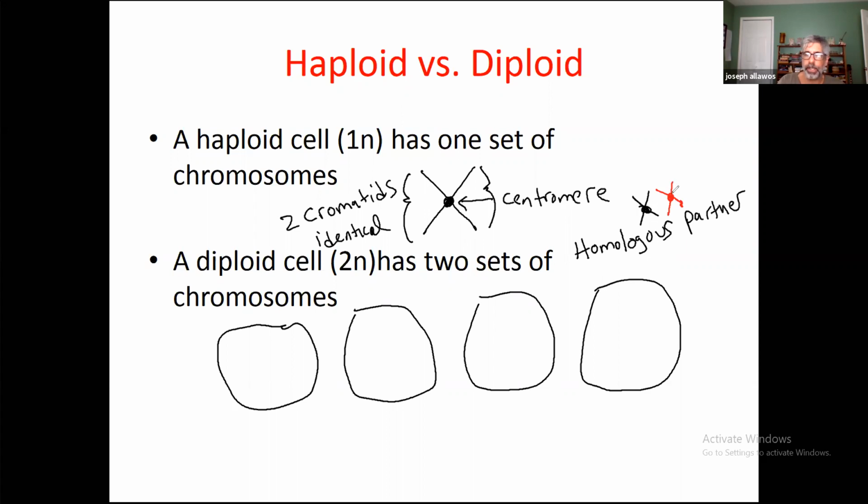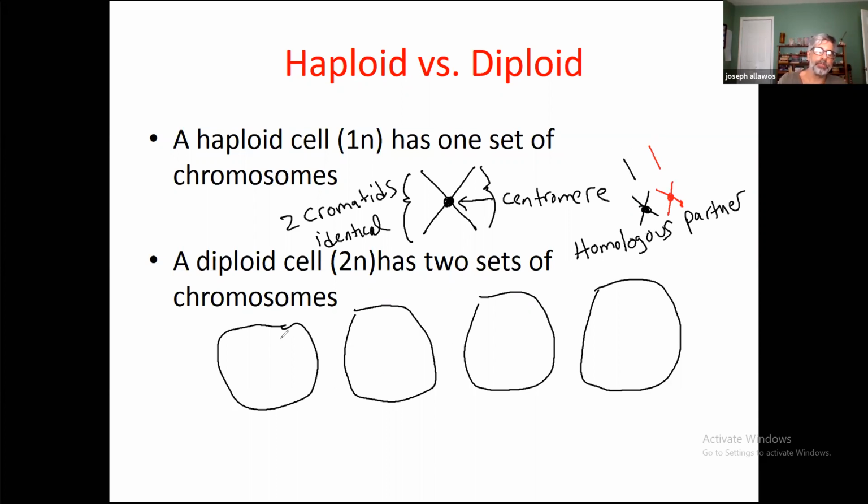Doesn't matter if it's replicated or not. I could draw the same thing unreplicated like this. And this will start to make more sense as we keep going, okay? So check it out. If we use size to indicate homology or homologous partners, then these two unreplicated chromosomes are partners. These two replicated chromosomes are partners.